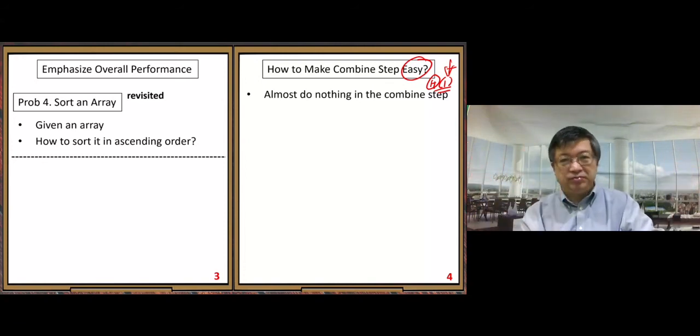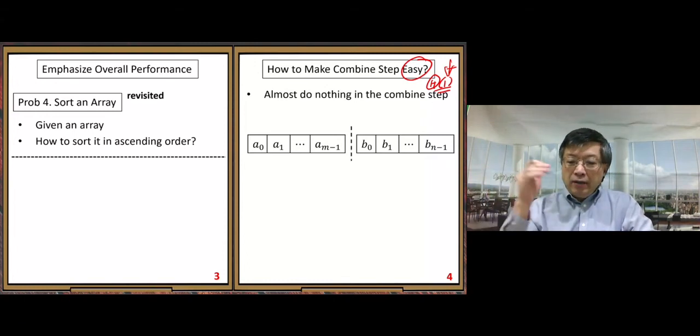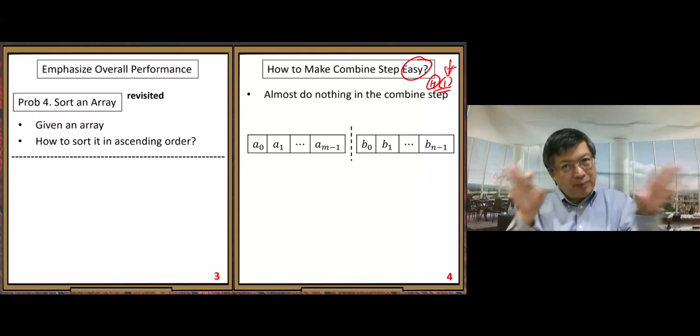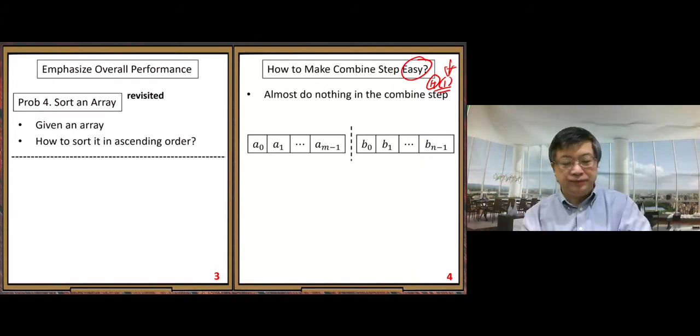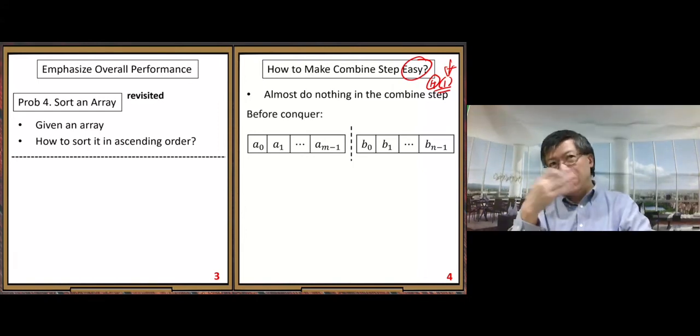So let's see some analysis. The first array, A array. The second array, B array. Now we have two separated subarrays. Before the conquer step, there is a recursive call to conquer it.